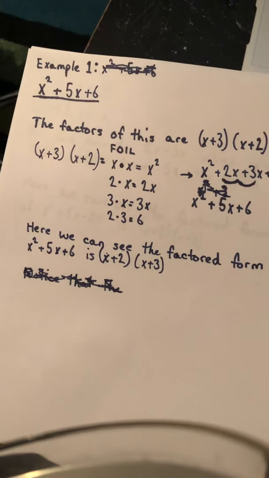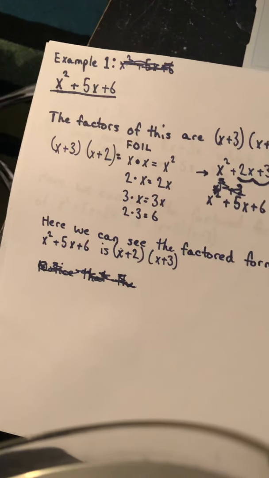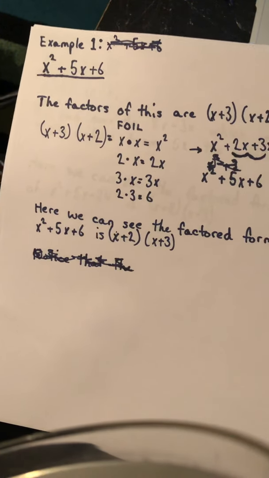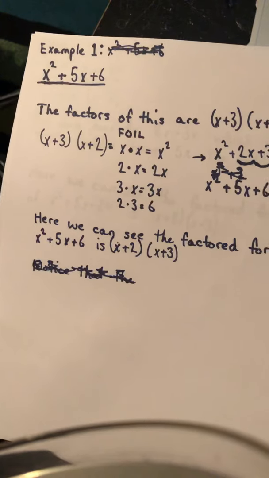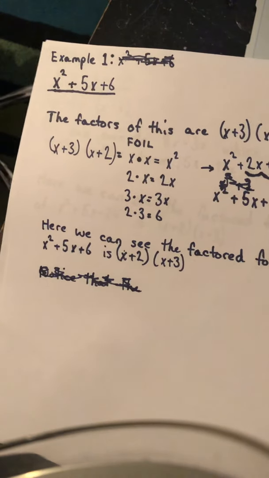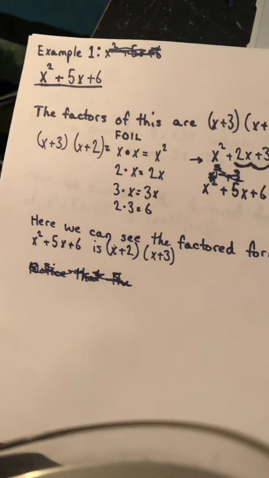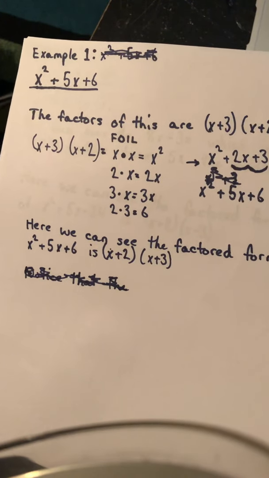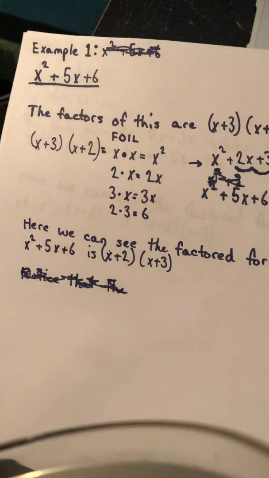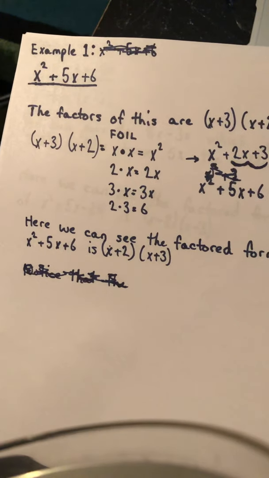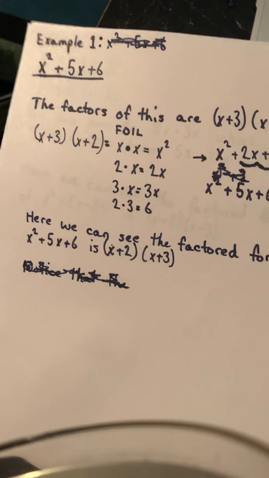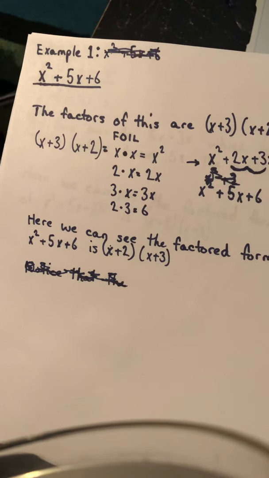This left me with the factored form of the trinomial, and you can use the FOIL method to check this. To do the FOIL method, do x times x, which is x squared, 2 times x, which equals 2x, and 3 times x, which equals 3x, and 2 times 3, which equals 6.